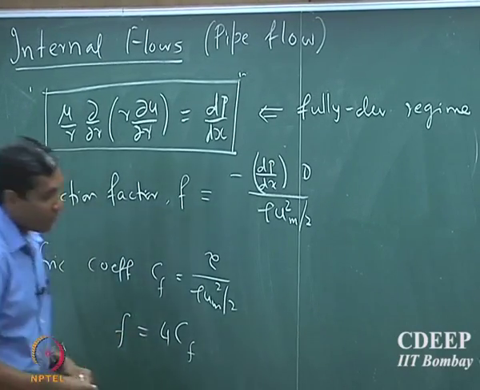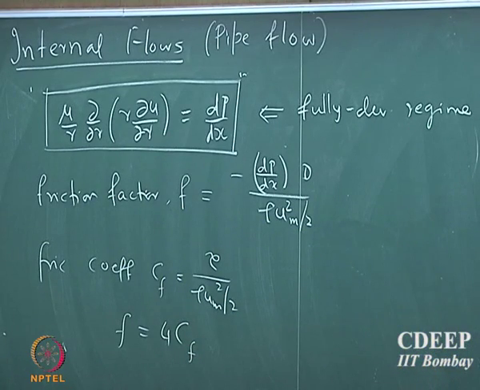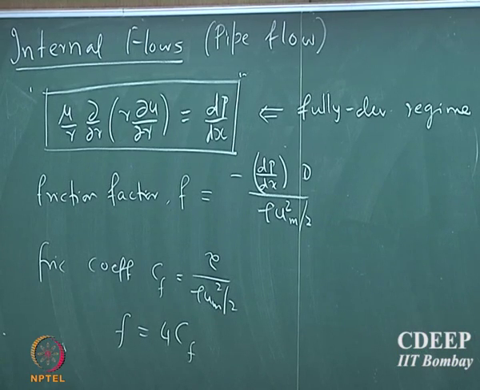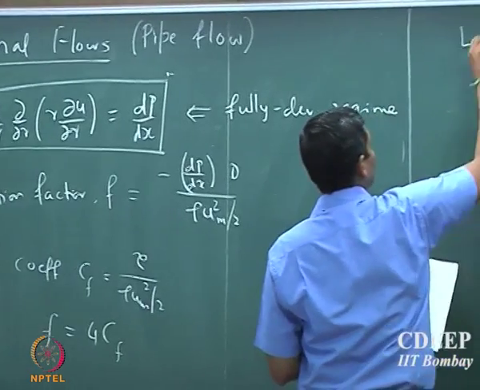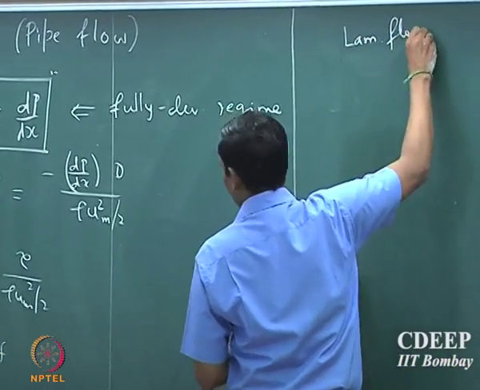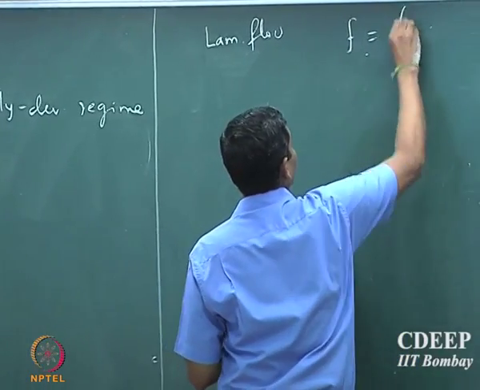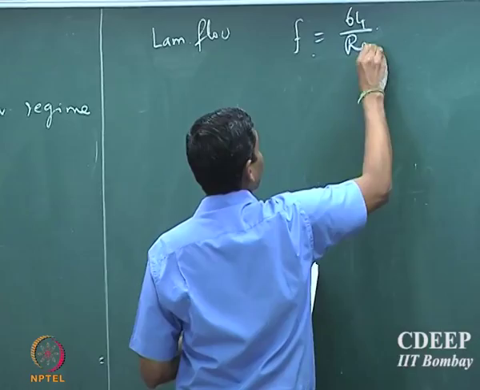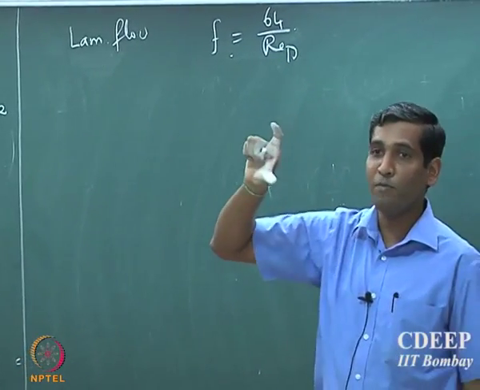Now, if you are looking at turbulent flow and other conditions, there are some correlations available for the friction factor, which is in terms of the Reynolds number. So for laminar flow, this 4 times Cf approximately translates to 64 by the Reynolds number. Reynolds number is defined based on the diameter of the tube, not the radius.